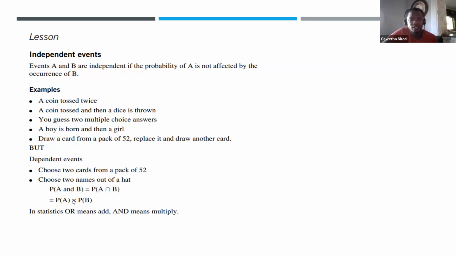You know that when it's dependent events, this is how you should get your intersection. Then in statistics, "or" means add, and "and" means multiply. Be mindful of this language here. Note it.